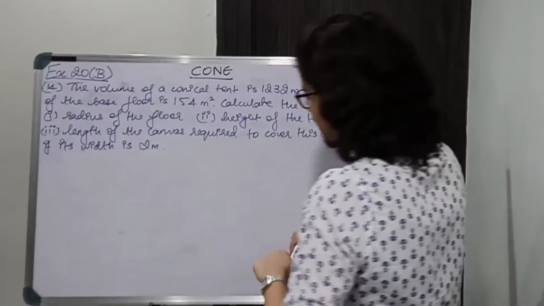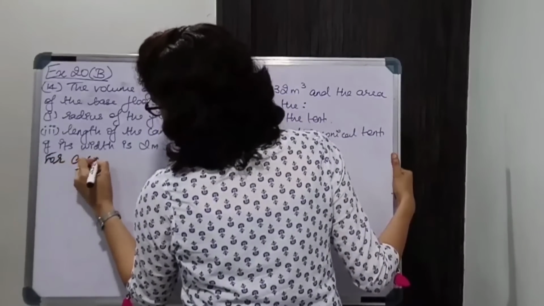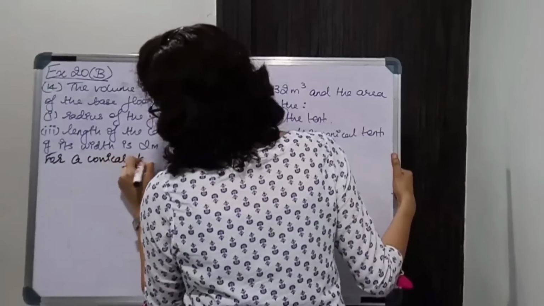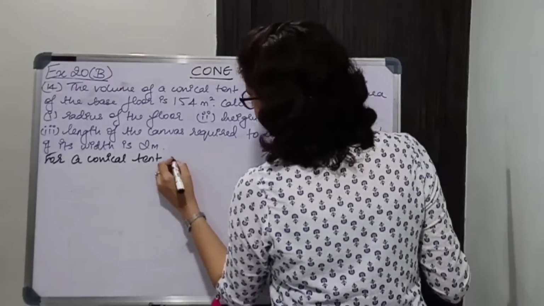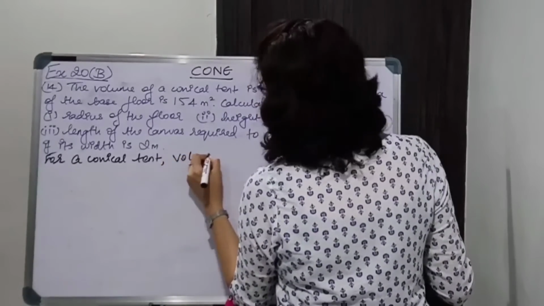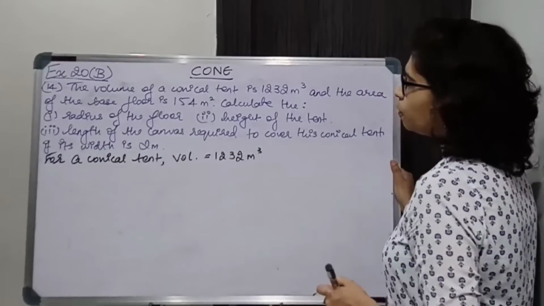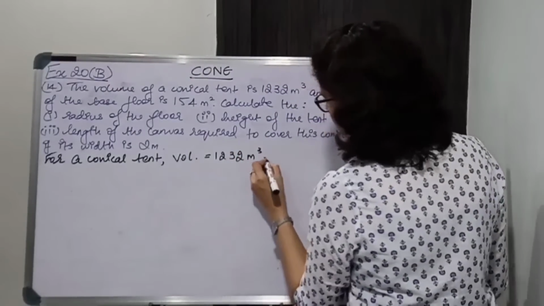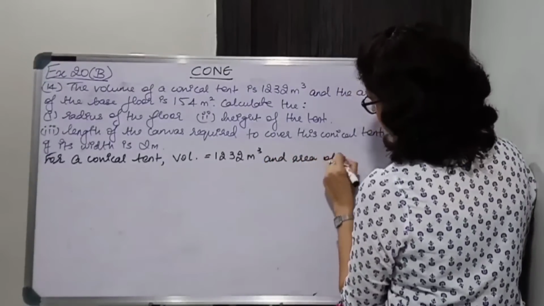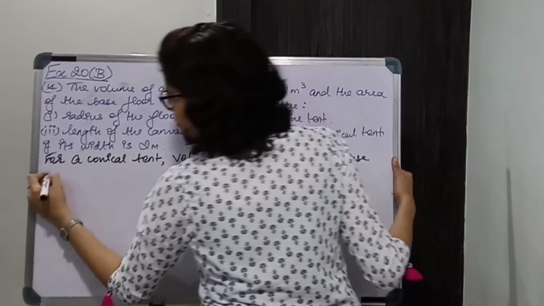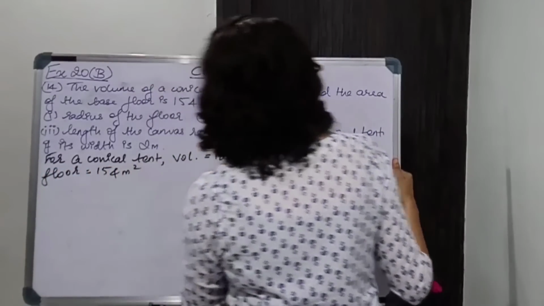So for a conical tent we are given the volume. Volume is 1232 meter cube and the area of the base floor is 154 meters square.